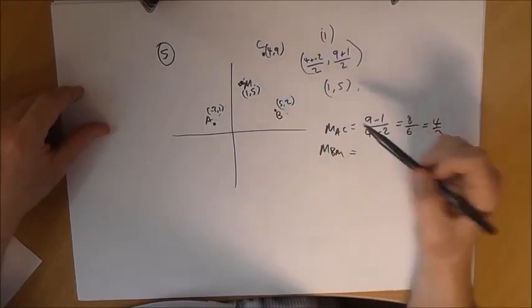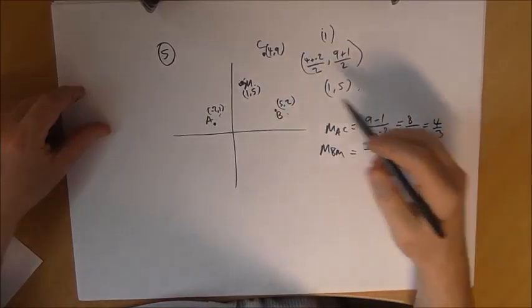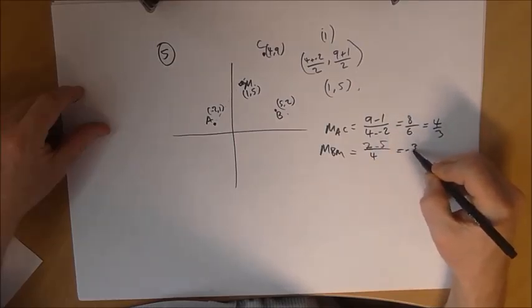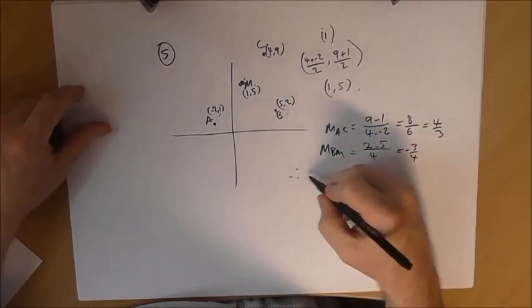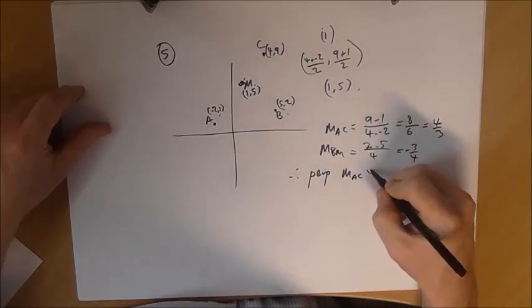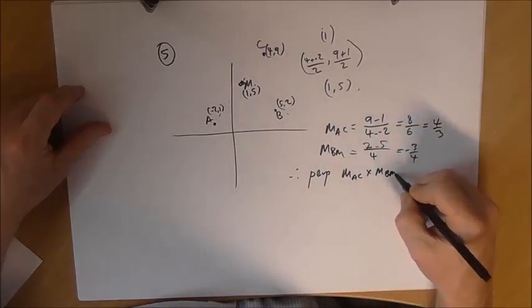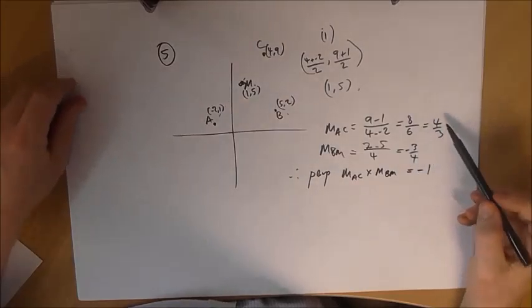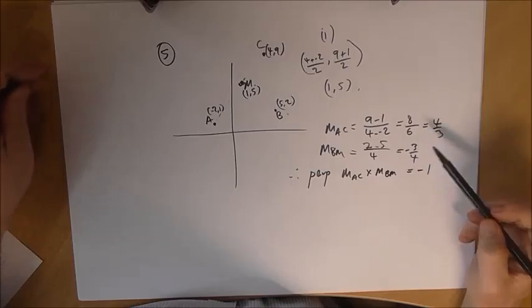Subtract the y coordinates, subtract the x coordinates in the same order. And you go therefore perpendicular because the gradient of AC times the gradient of MB is -1. That's just the formal way of saying that that's the negative reciprocal of that.